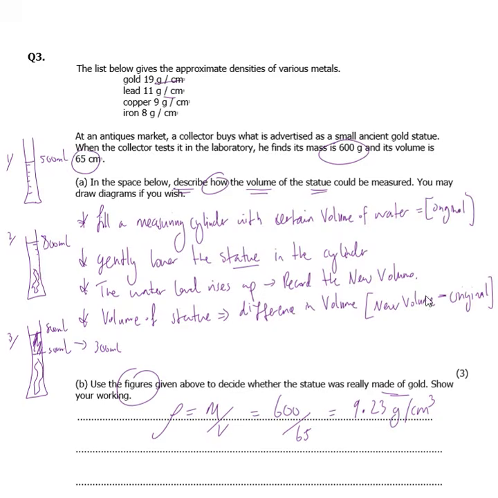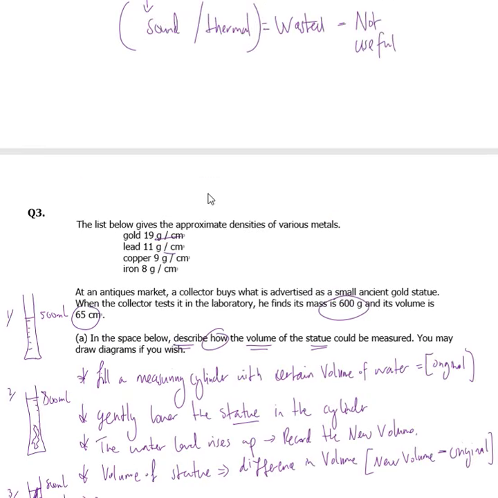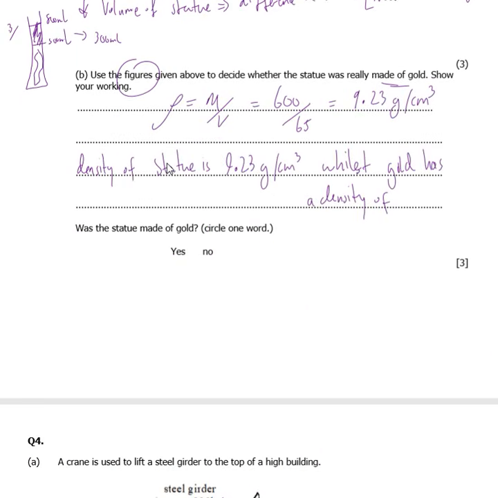So now, what can I see? I will say the density of the statue is 9.2 grams per cubic centimetre, while gold has a density of 19 grams per centimetre cubed.